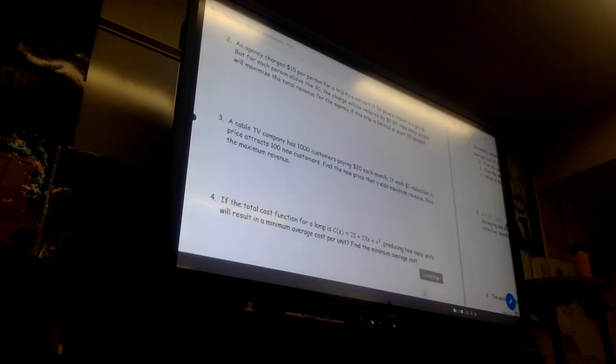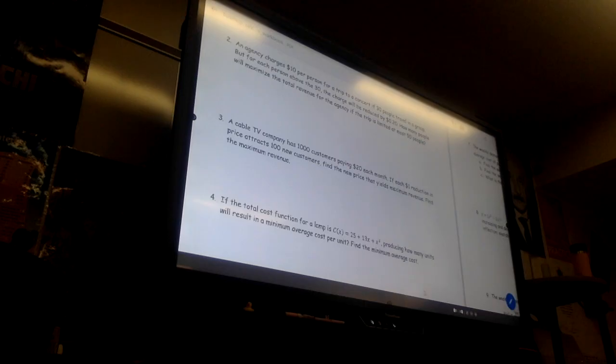It says an agency charges $10 per person for a trip to a concert if 30 people travel in a group. Okay, so if 30 people go on this trip, it's $10 per person, so that's going to be $300, because 30 times 10. But for each person above 30, they will reduce the price by 20 cents per person.